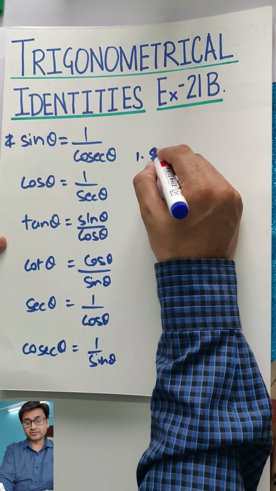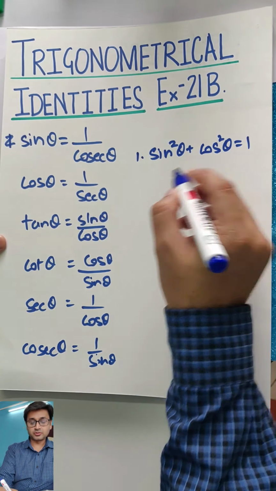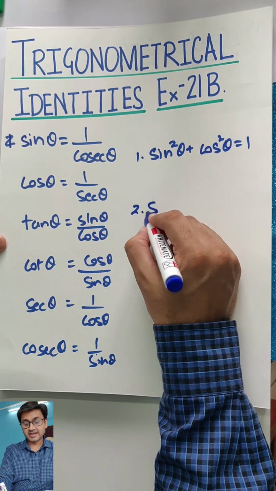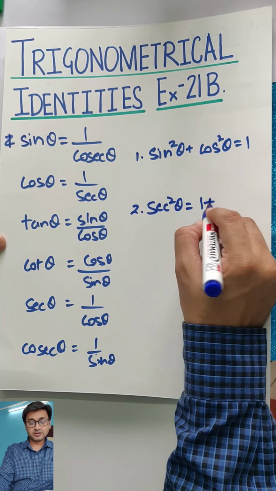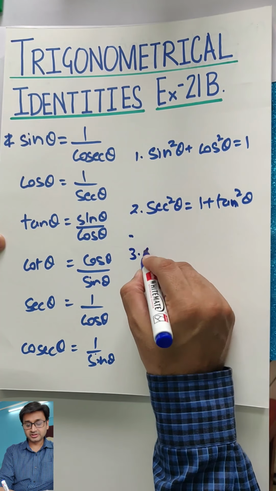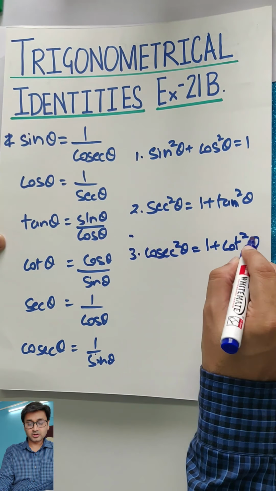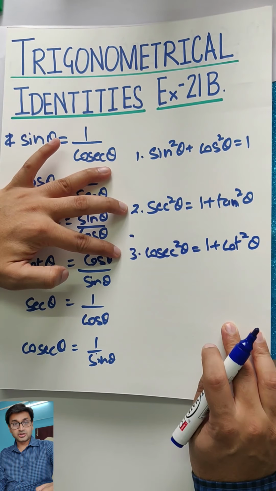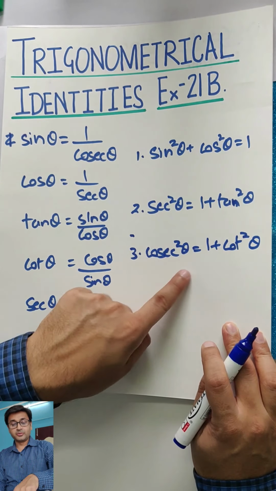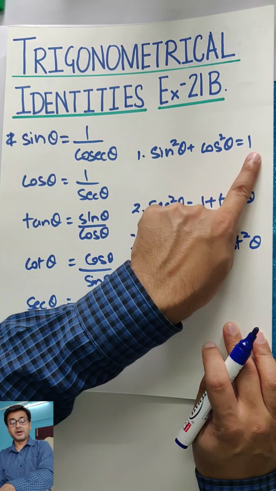Three square ratios: first one, sine square plus cos square equals to 1; second one, sec square is equal to 1 plus tan square; and third one, cosec square is equal to 1 plus cot square. So three square ratios. You can use this in different ways, as in sine square is equal to 1 minus cos square, or cos square is equal to 1 minus sine square.